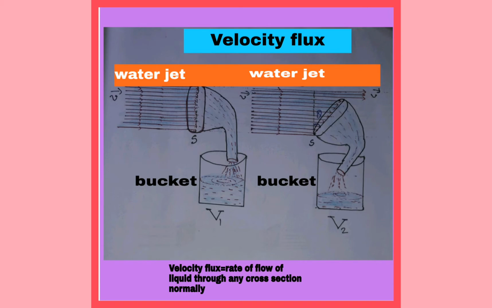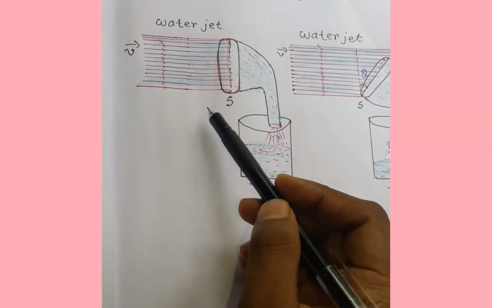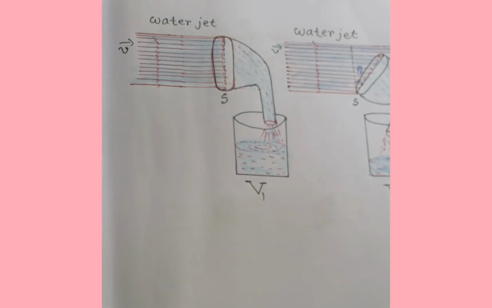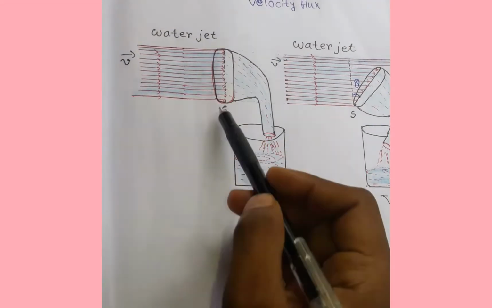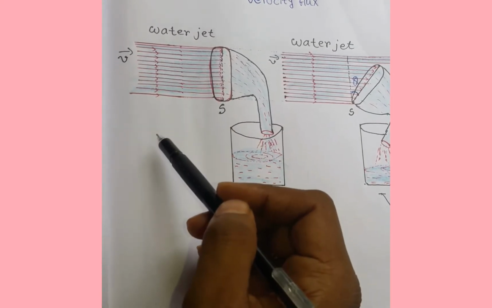Now we discuss why. In the first figure, the surface of the water collecting system is normal to the flow of the water jet.